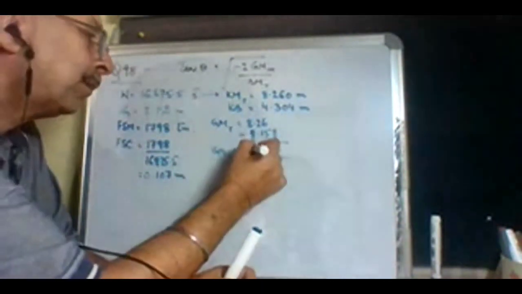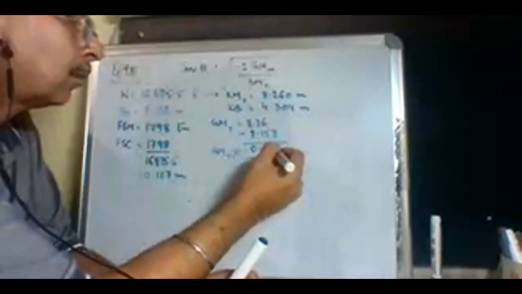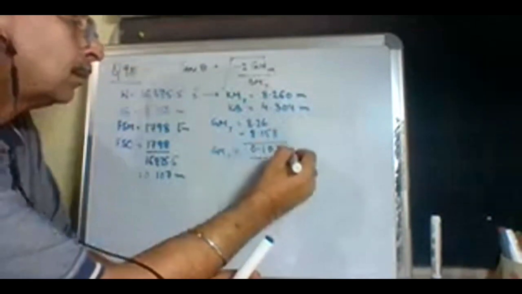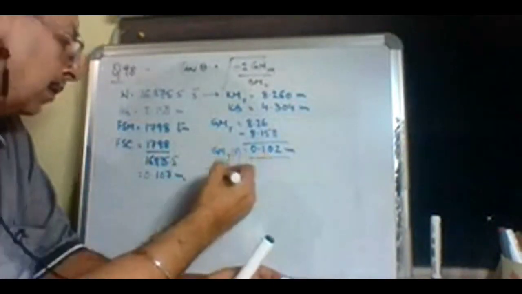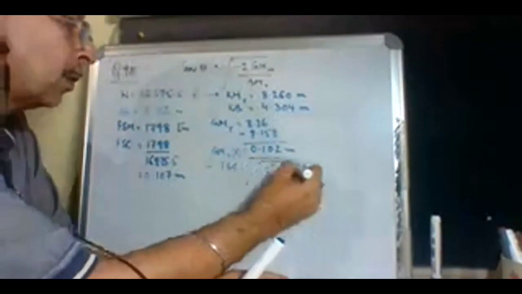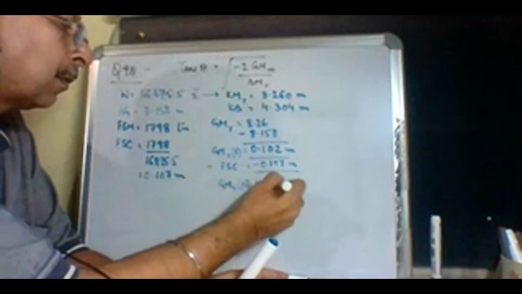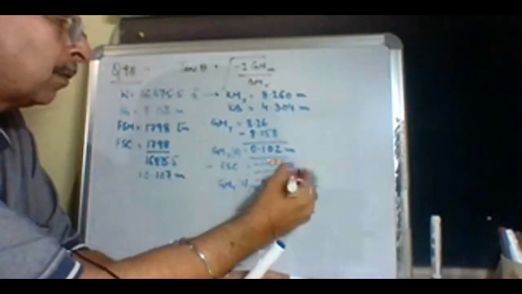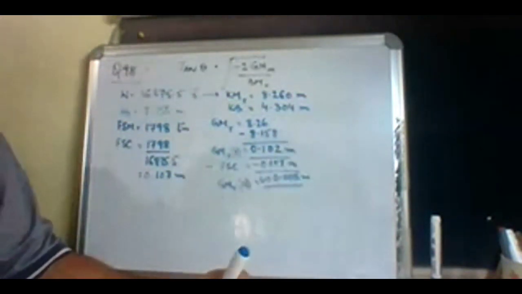कितना आता है? 0.102. 0.102 minus FSC, minus 0.107, gives me GMT fluid. Negative 0.005.